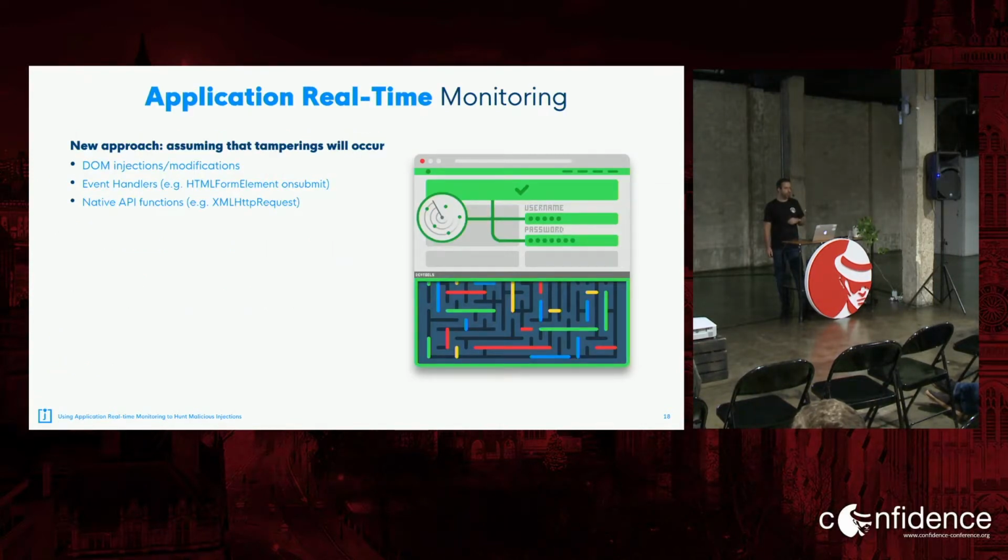So the approach basically monitors the DOM continuously for any injection or modification, and also checks for event handlers being modified. So if you have, let's say, a form, and you have a function that gets executed when you submit that form, we call these event handlers, and they are frequently a target for malicious modification.